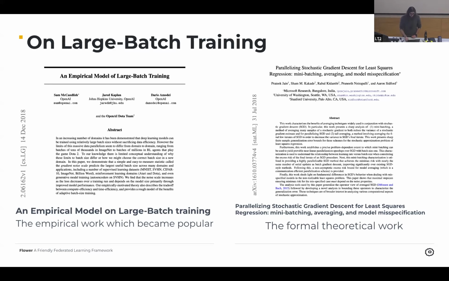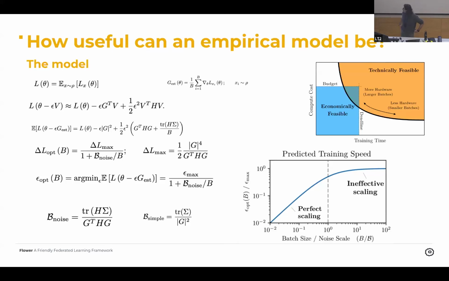Well, let's move to the model now. So the model is built on top of several assumptions. We will start with the fact that we want to optimize some objective function, usually called loss. This objective function can be estimated using training data and the model parameters.